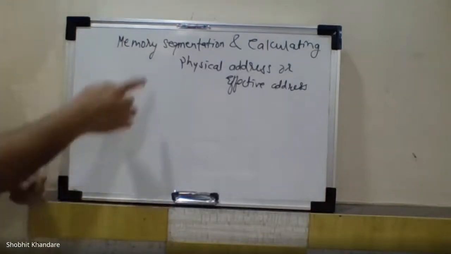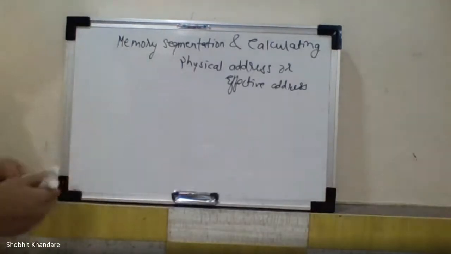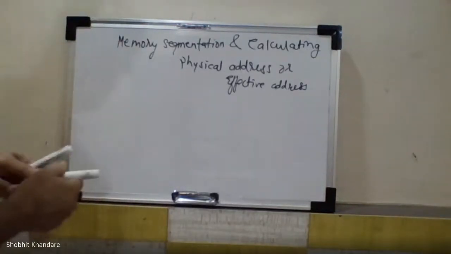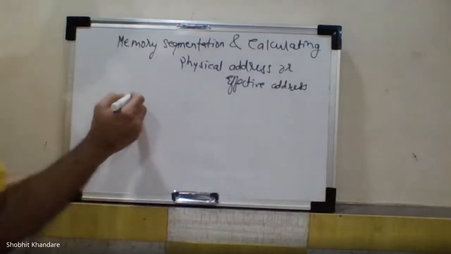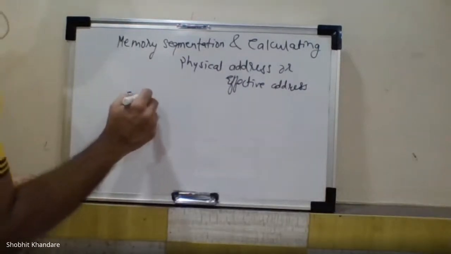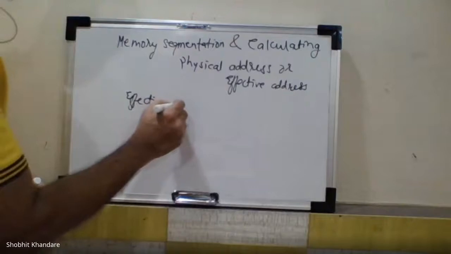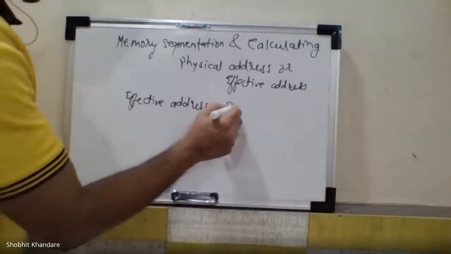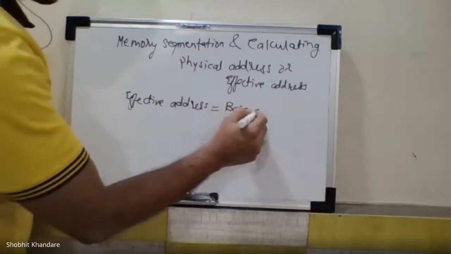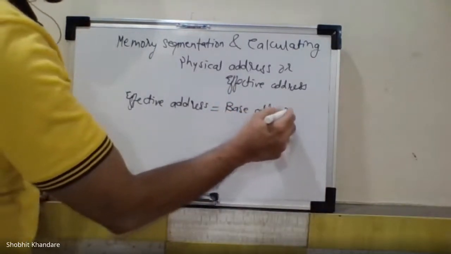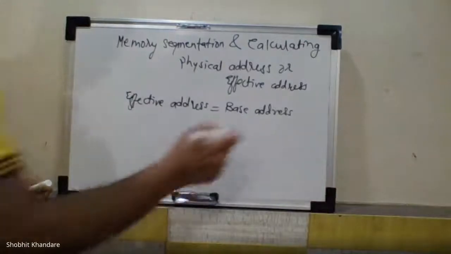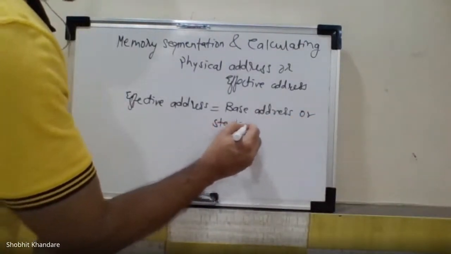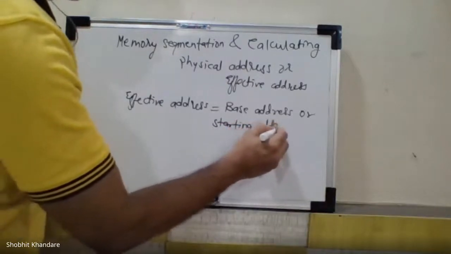Before writing down the example, you can write down the equation which I have already given you. Effective address is equal to base address, or it is also called the starting address, or the starting address of the segment, plus the offset address.